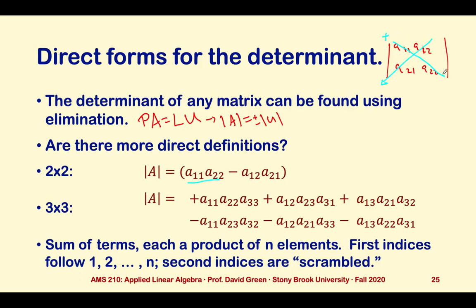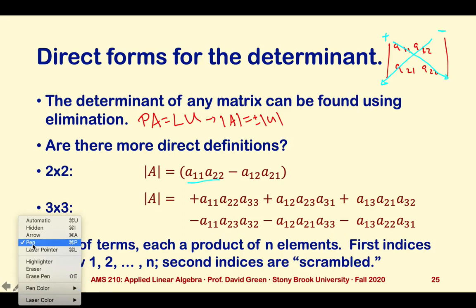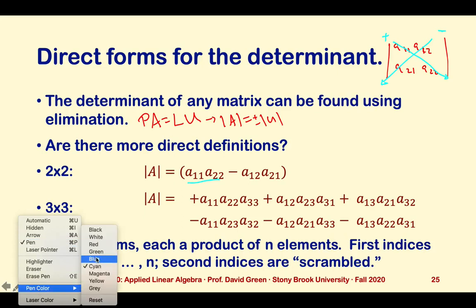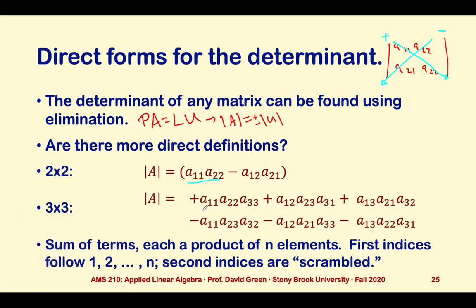So we add the diagonal, we subtract the off diagonal, A12 A21. Fairly straightforward to remember. For the case of the 3x3 matrix, there's also a direct formula. This is a little bit harder to just remember directly. There's a mnemonic we can use to help remember this direct formula.